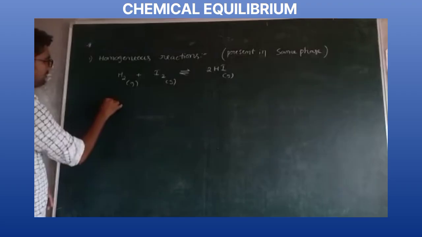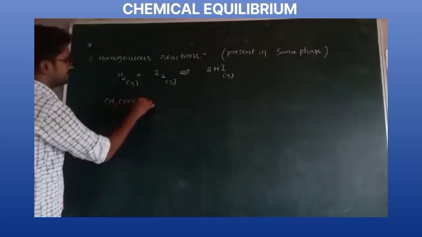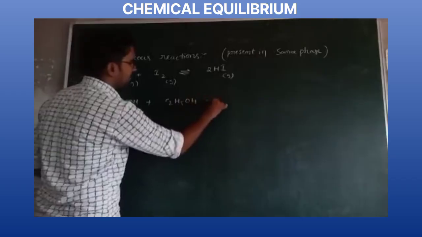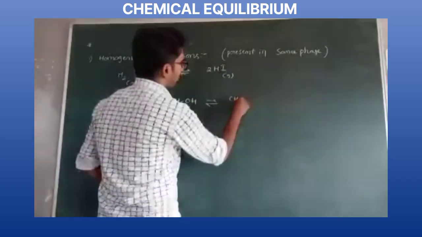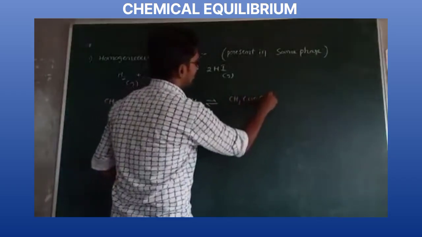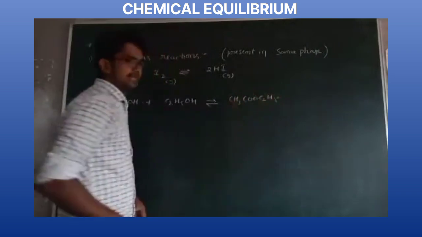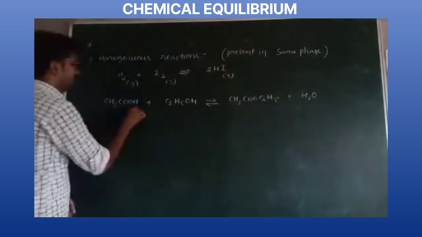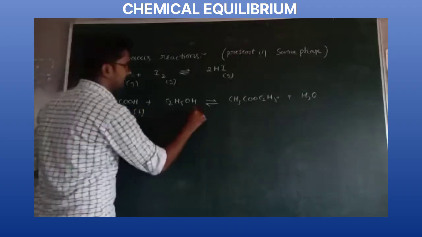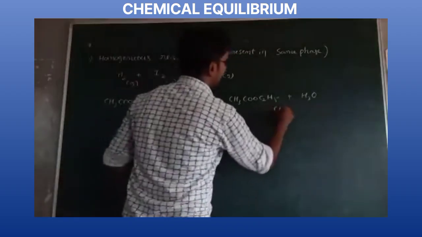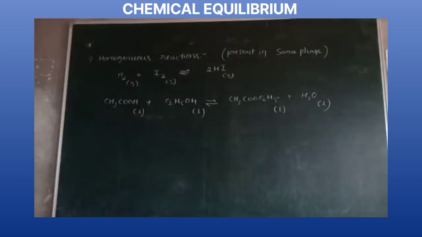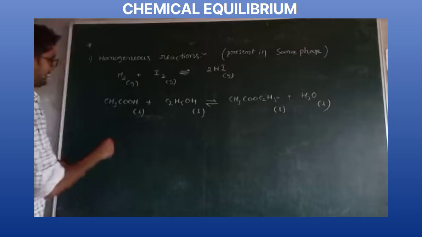Do you understand? Another example: CH3COOH, acetic acid, plus C2H5OH, ethyl alcohol, gives CH3COOC2H5, ethyl acetate, ester, plus water. Here in this reaction also, this is liquid, liquid, liquid, liquid. All the reactants and products are present in the same phase. Such types of reactions are called homogeneous reactions.